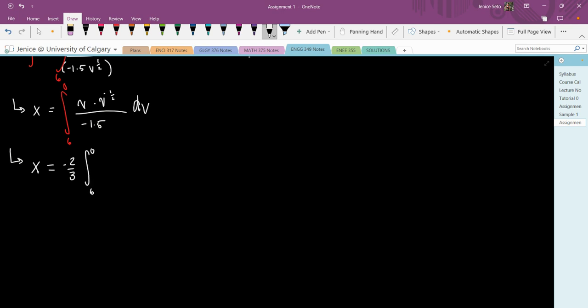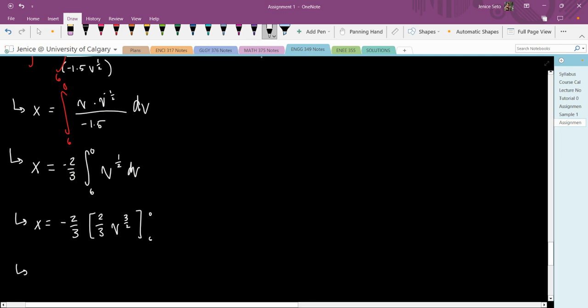Integrated, this is going to be v to the positive 1 over half dv. And then we get 3 over 2, v to the 3 over 2, so it would be 2 over 3, from 6 to 0.